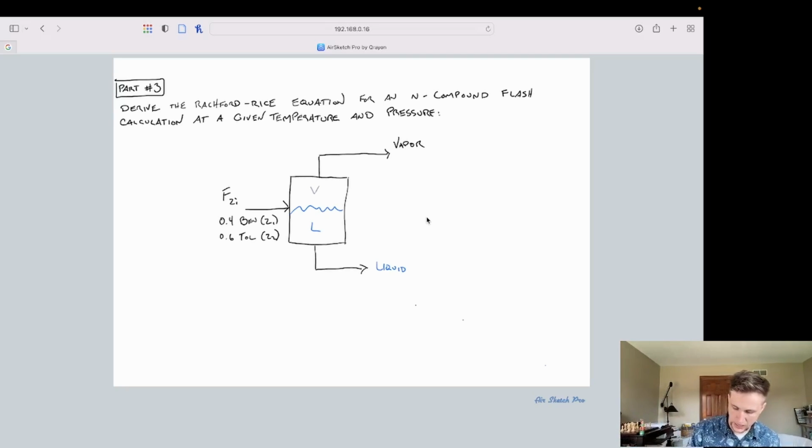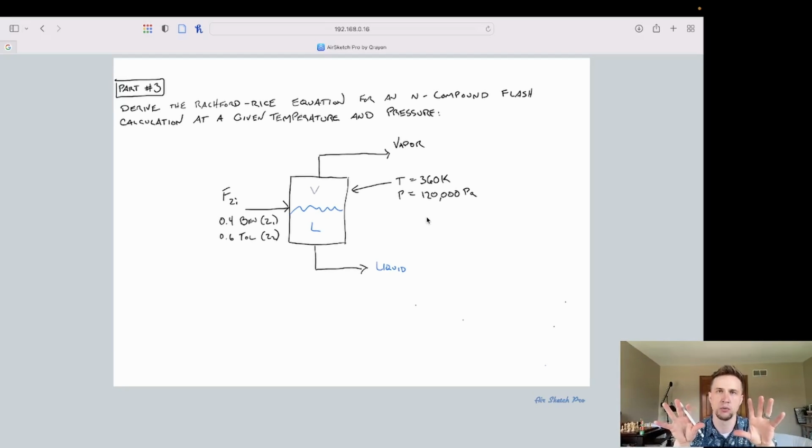In this particular case, we have a given temperature, which we'll say is 360 Kelvin, and a given pressure, which we'll say is 120,000 pascals.